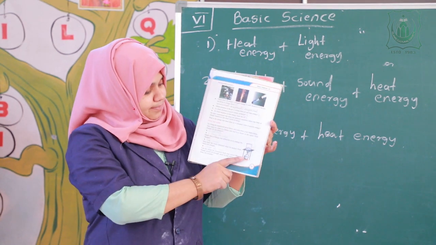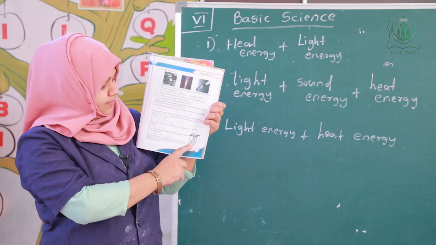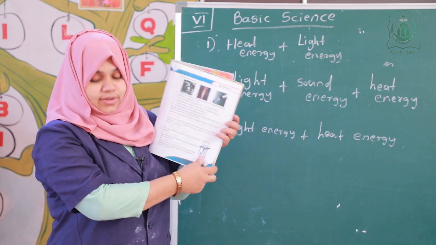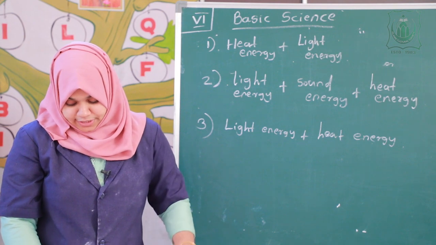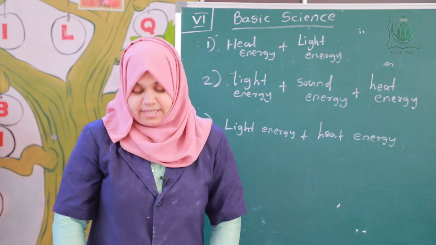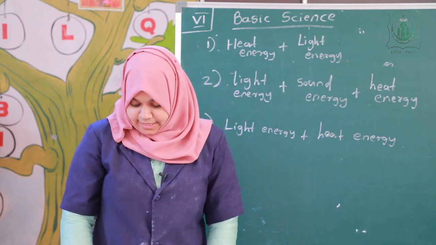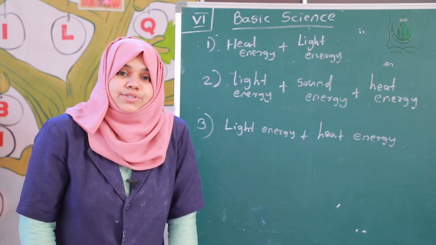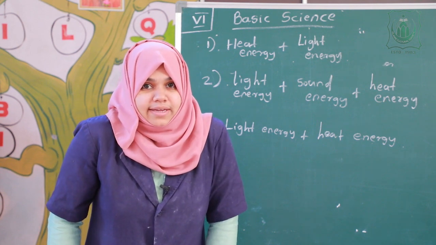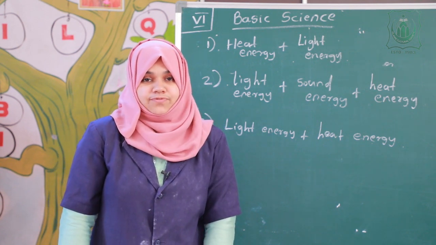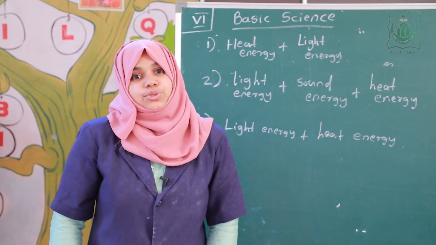Next, when ice melts. Your textbook has a picture of melting ice. Take some ice cubes in a beaker and heat it as shown in the figure. What changes do you observe? When ice melts, it starts to melt and turns to water.